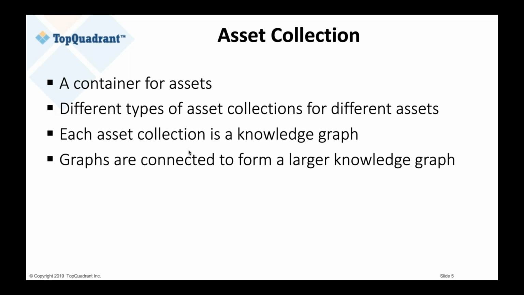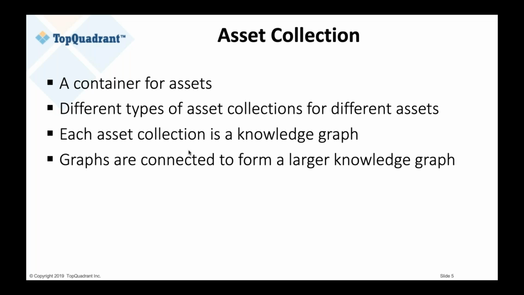Asset collections in TopBraid EDG can include each other, and assets within them can refer to assets in other asset collections. For example, you may have a database for which information is captured in a data asset collection, connected to a business application that processes this database, and this business application is stored in a technical asset collection or systems catalog.